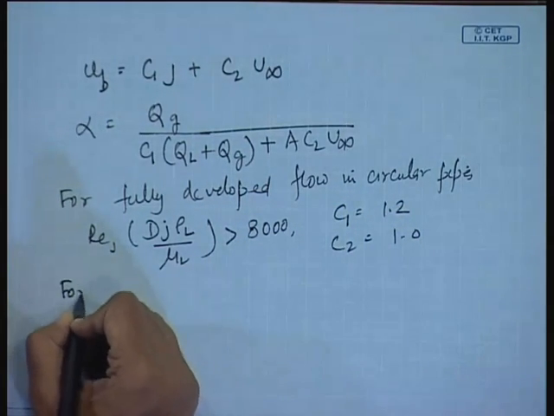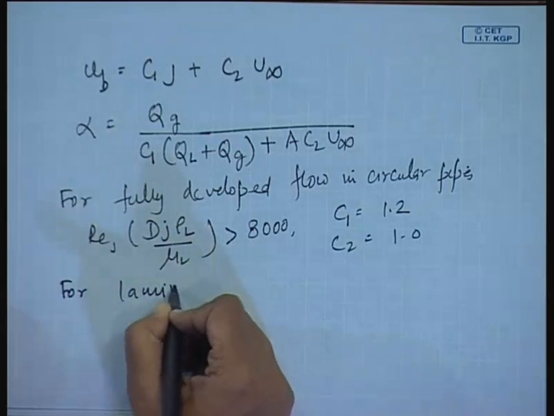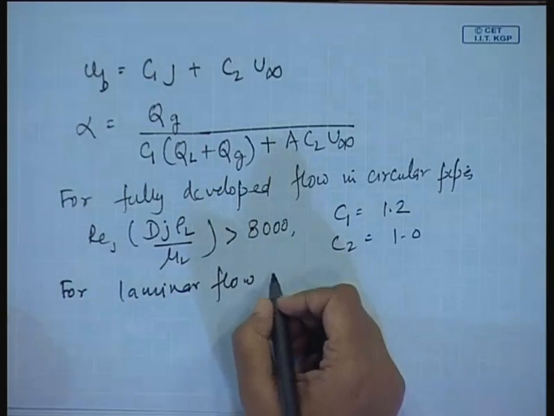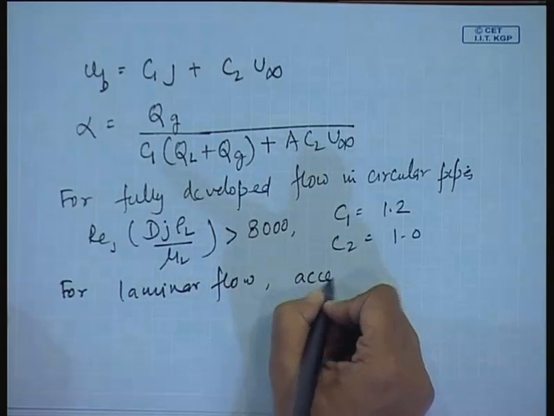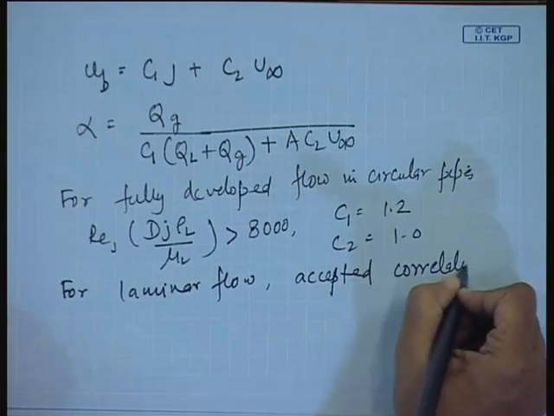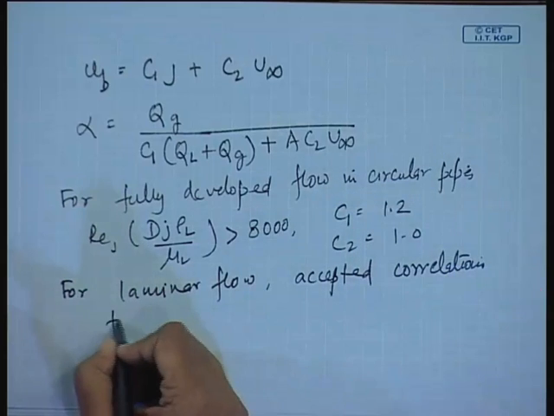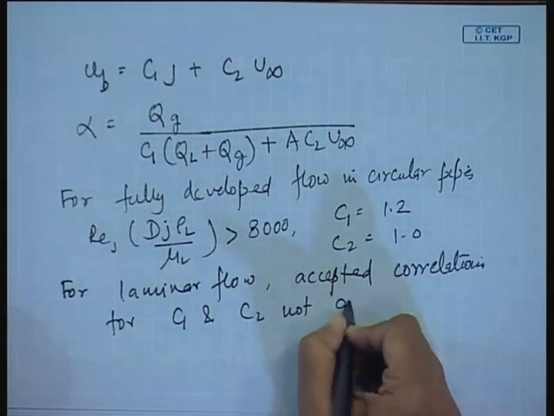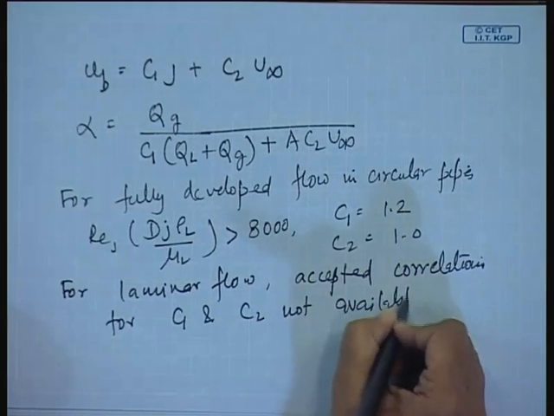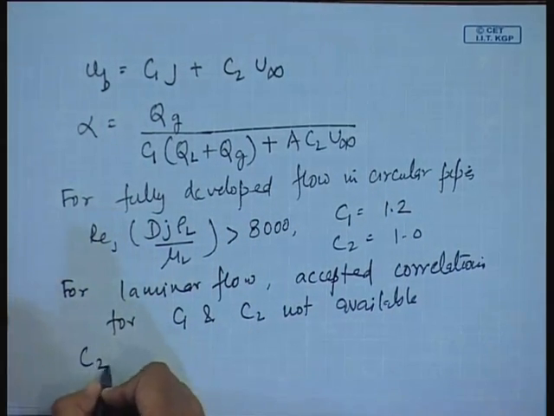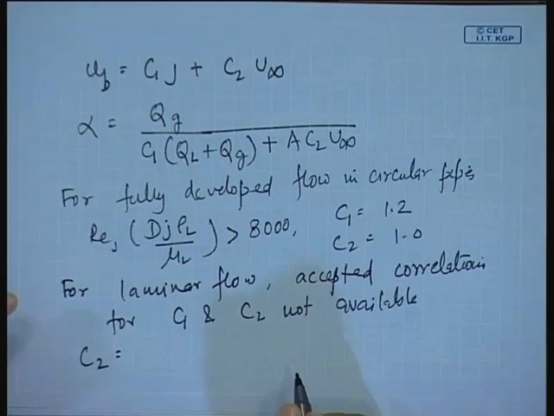And for laminar flow we find that the theory is still not very well developed, and accepted correlations for C1 and C2 are not yet available. One particular thing is, usually what people say is that C2 depends upon the spacing of the bubbles.